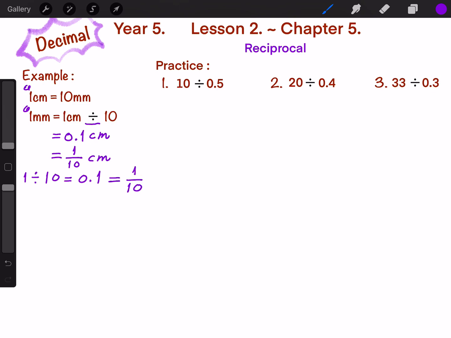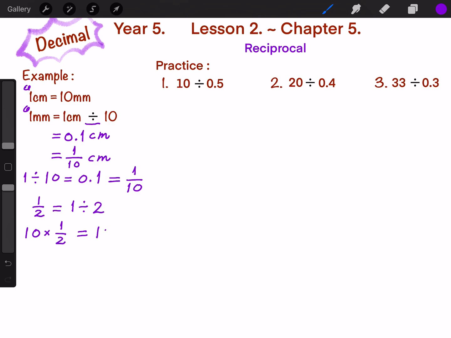Nice. And in fraction, we have already explained 1/2 actually means 1 divided by 2. Now I have a question for you. 10 times 1/2. How should we continue our calculation? 1/2 can be written as 1 divided by 2.